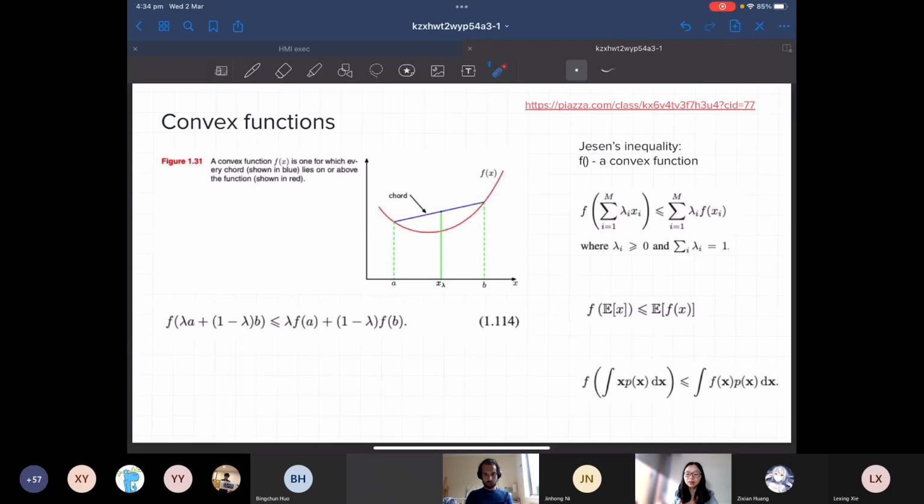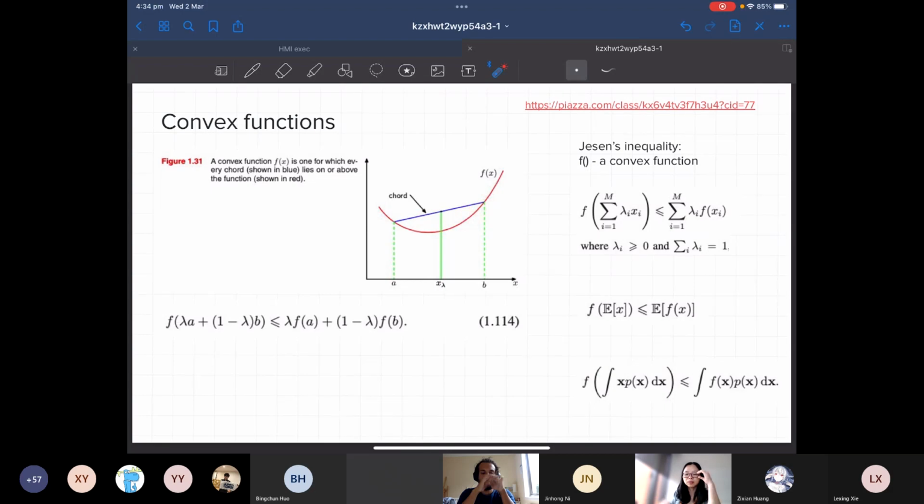So the technical definition of convex functions is as follows. The geometric meaning is that the chord connecting any two points on the function sits above the function itself. It's expressed in 1.114. Basically, the function value at this point, expressed as a linear combination of the two input values, always sits below the linear combination of the function values, which is the blue line.